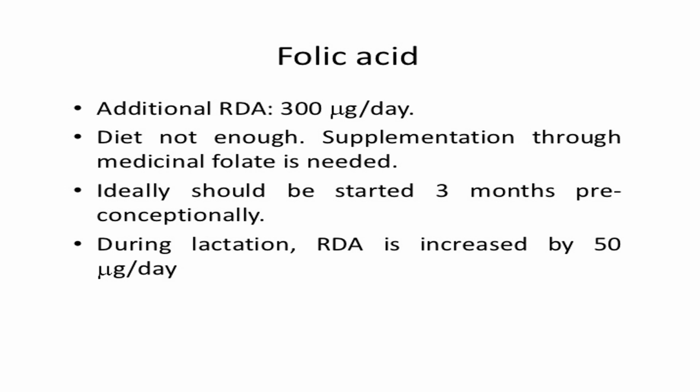Ideally we are supposed to start this folic acid from the pre-conception period onwards, at least 3 months before the conception. It will be helpful for meeting her requirements of folic acid, and in that way we can prevent the open neural tube defects of the fetus. And during the lactation we are supposed to give 50 micrograms of folic acid in a day.